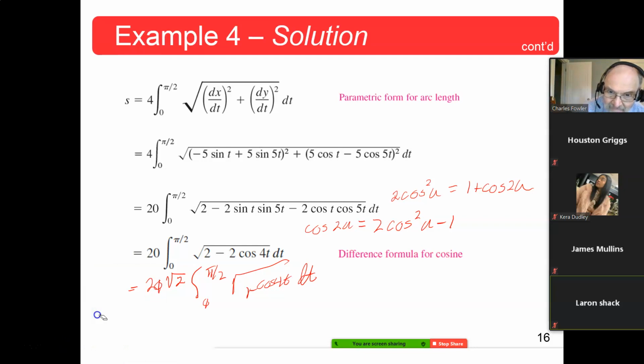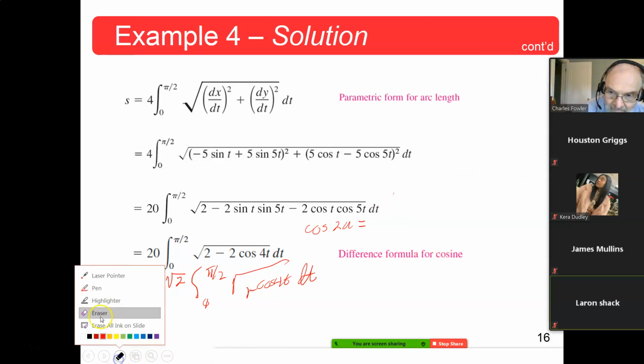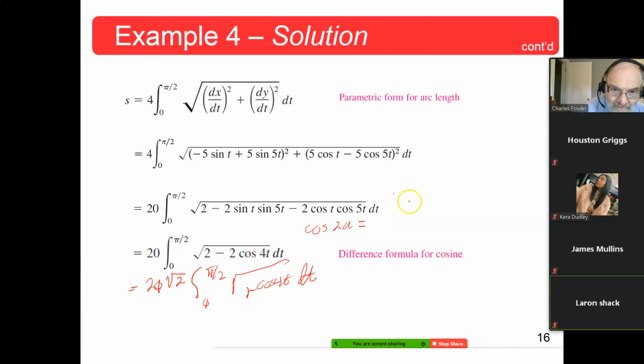Cosine 2u is equal to 1 minus 2 sine squared u. Yeah, there are 3 of them, and I picked the wrong one.